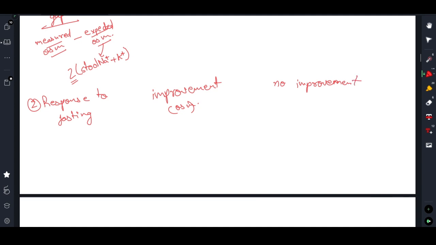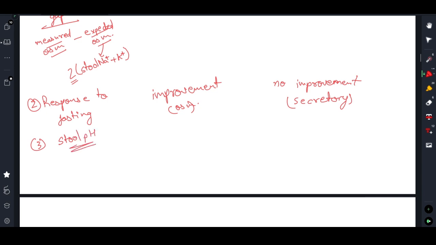But in case of osmotic diarrhea, the etiological agent itself was the nutrient, right? The cause was basically malabsorption. So there you saw improvement in response to fasting, right? Whereas in case of secretory diarrhea, there is no improvement in response to fasting.